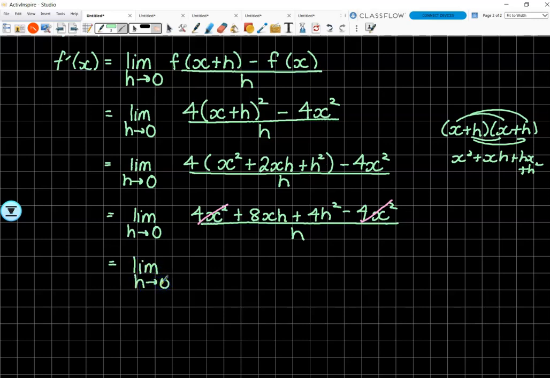I can now confidently pull out my h, and I get what would be in my bracket if I pull out h as a common factor: 8x plus 4h. Someone just asked, wouldn't you do 4h as the common factor?